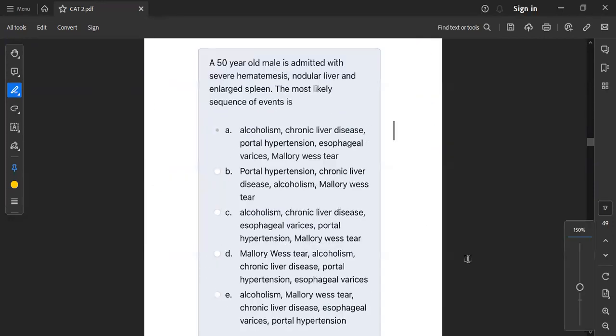Here we have the question, I think 18. A 50-year-old male is admitted with severe hematemesis, nodular liver, and enlarged spleen. The most likely sequence of events is, maybe someone can try to piece these events together and give us the most correct response.